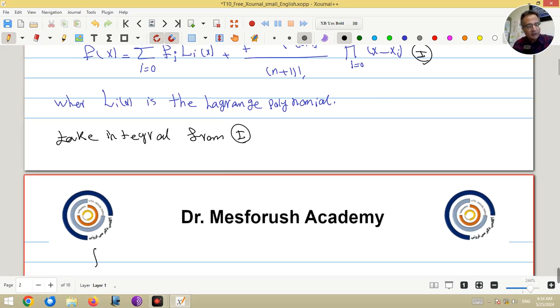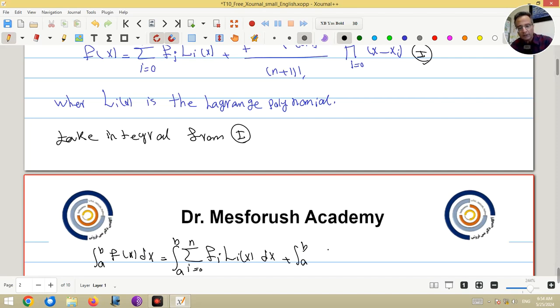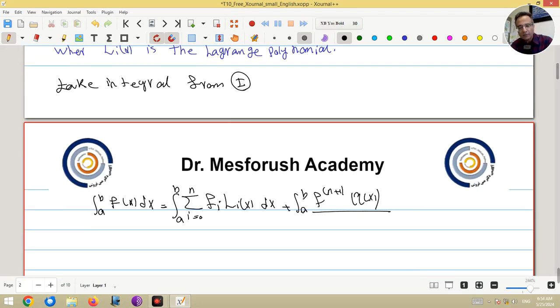The left hand side will be the integral from a to b of f of x dx, and the right hand side, because the summation is finite, we can move the integral inside the summation. So, the integral from a to b, sum i equal to 0 to n of f(xi) li of x dx, plus the integral from a to b of the n plus 1th derivative of f at eta of x over n plus 1 factorial times the product for i equal to 0 to n of x minus xi dx.